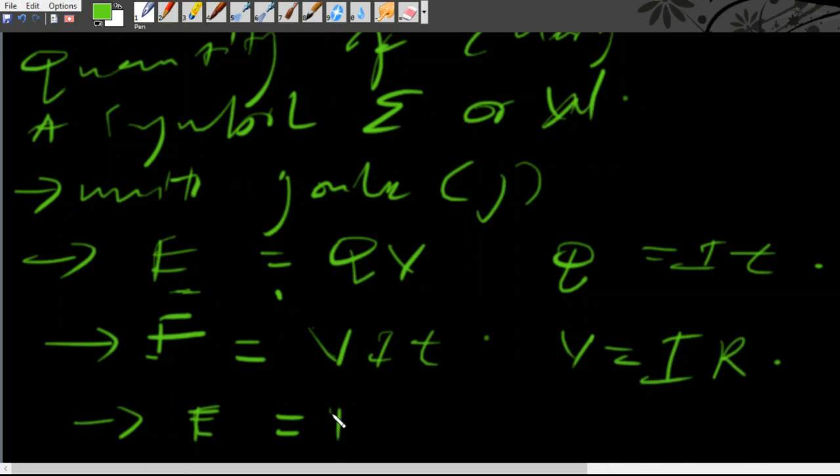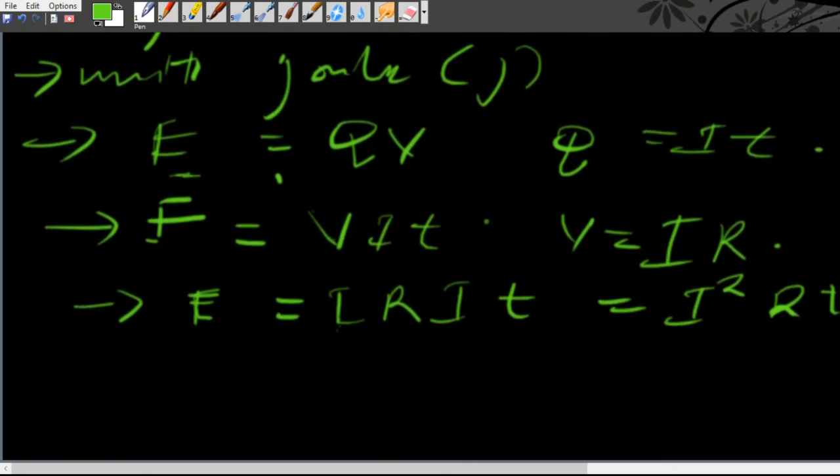So we're going to have current times resistance times I T, and since the current appears twice, we have current squared, then R T. So that's the other formula that you can use.